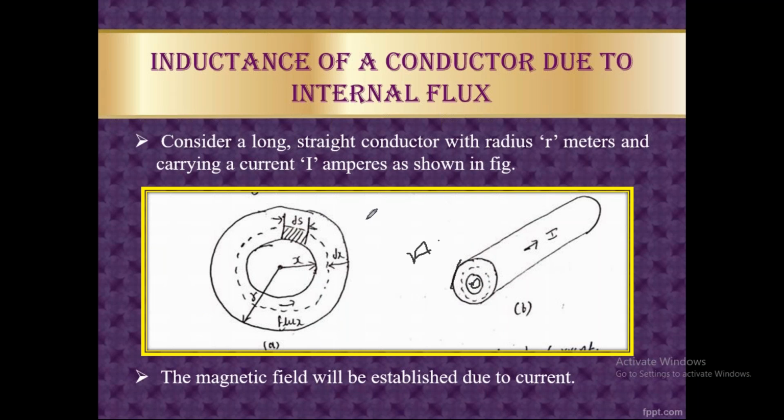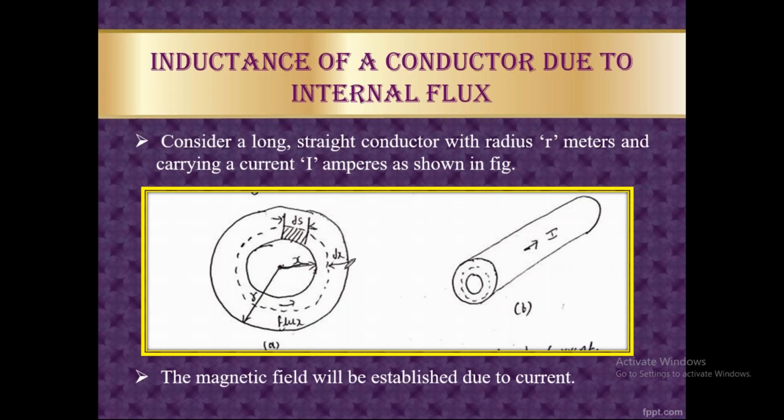This part is entirely steel. From the center of the conductor to where the steel material occupies the space, the distance I have denoted as x, and from the center to the outer surface I am denoting as r.